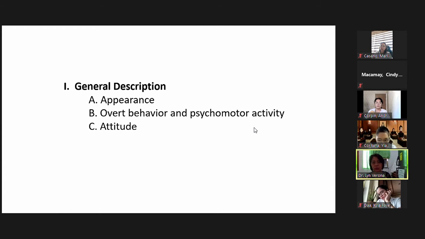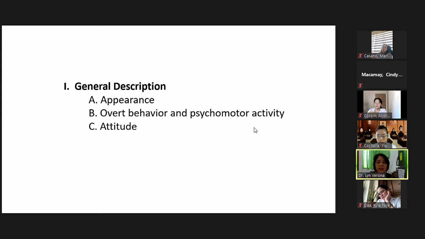You have to describe the patient as a whole: whether the patient is dirty, with long nails, wearing anything, with long hair even if he is a male. And also whether the patient has scars, because scars are very significant, especially when the patient has committed or attempted suicide. That would be included in your appearance.